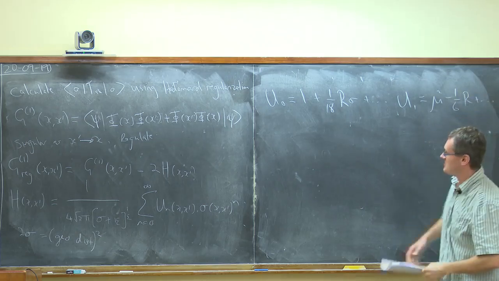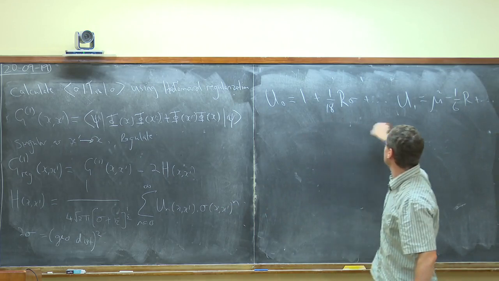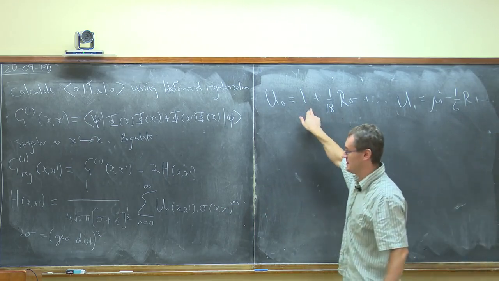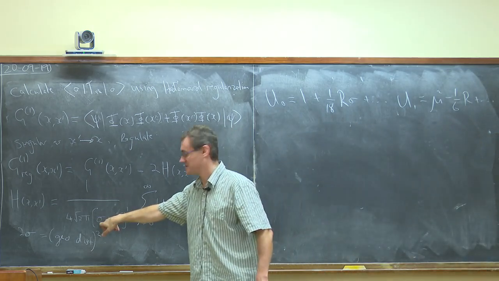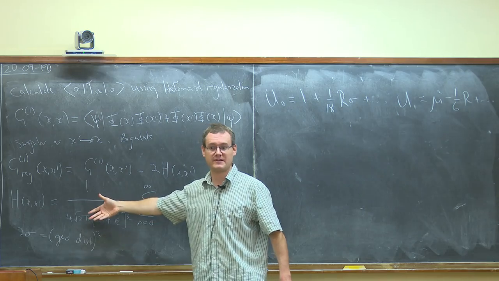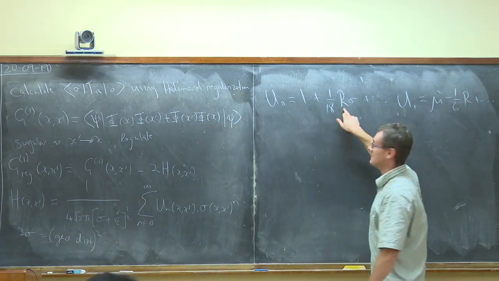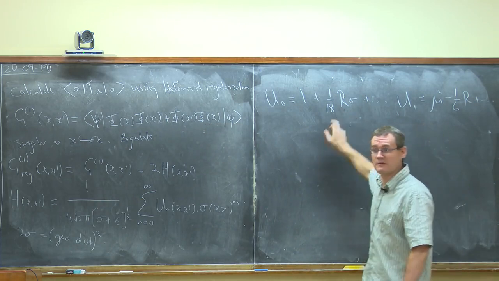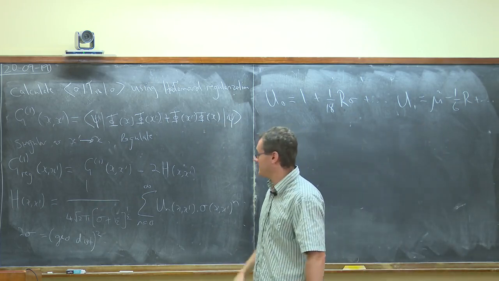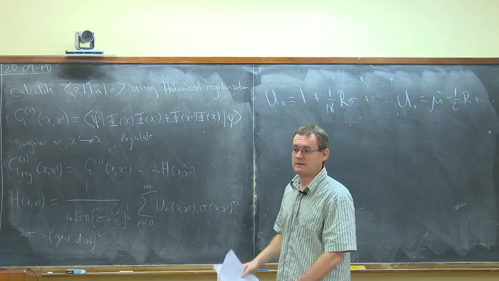So if you expand these things in powers of sigma, then this is what they look like. So U0 is 1 at leading order, so 1 over sigma is just the standard divergence you get in flat space. And you see then that's corrected by a term which is the curvature of space-time. So this operator defined in this manner in flat space evaluates to 0 on the Minkowski vacuum. Yes.